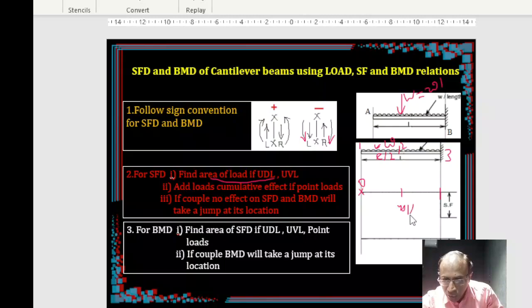Keep marking that WL by 2 is the ordinate at the location of the second point. So we marked that.